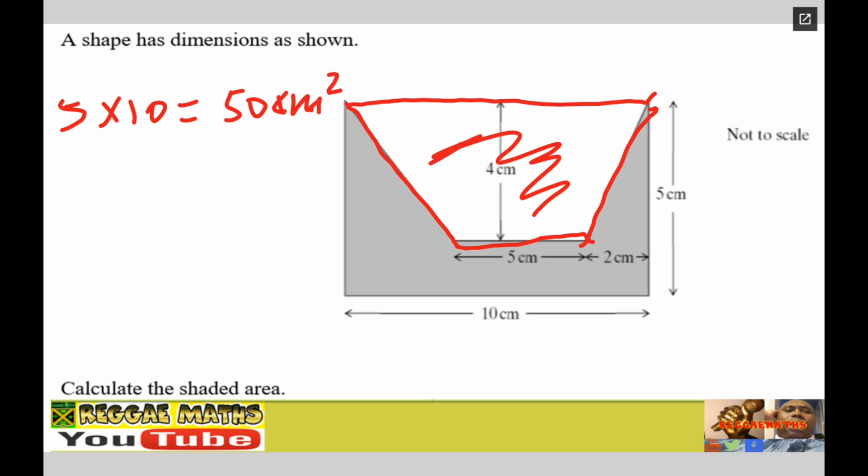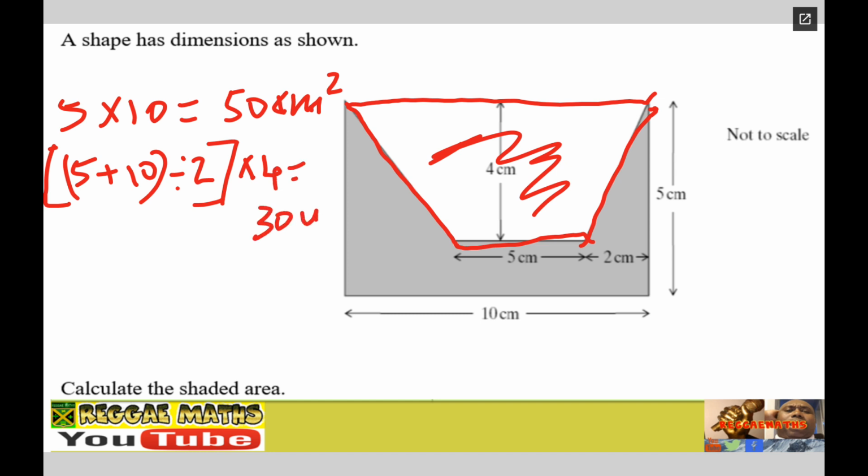Then the trapezium, you got 5 plus 10 divided by 2 times 4, which equals 30 centimetres squared.